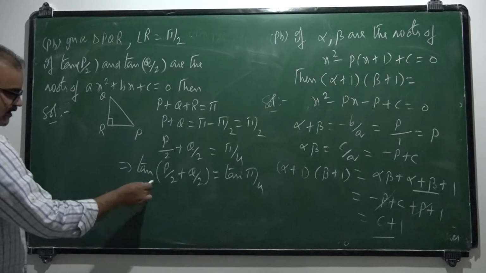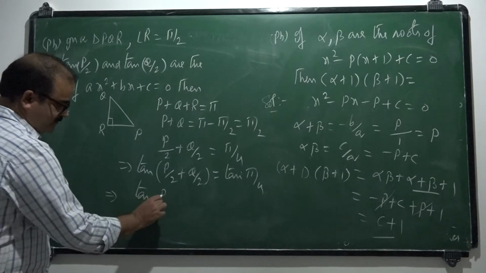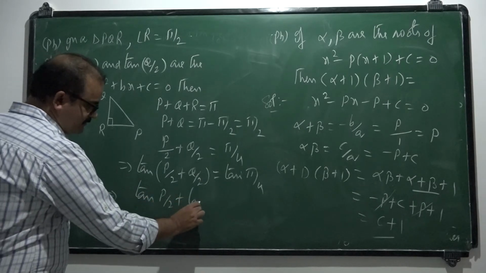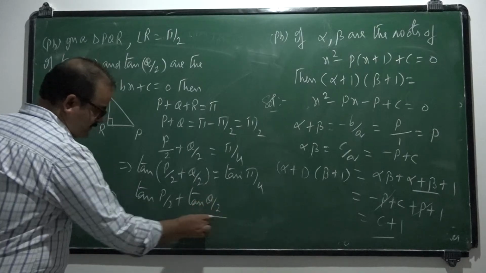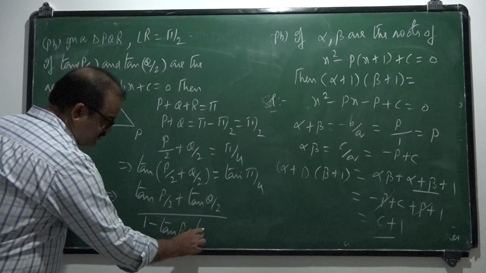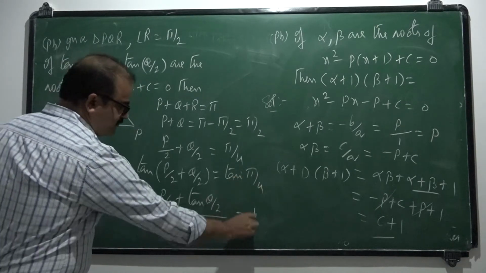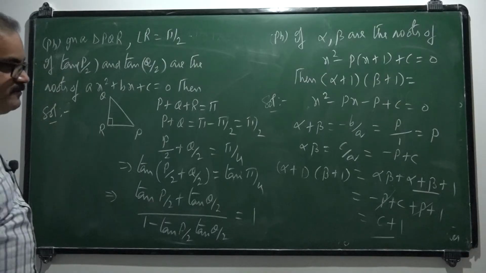Here apply the formula tan A plus B, that is tan A plus tan B by 1 minus tan A into tan B. The value of tan pi by 4 is 1.